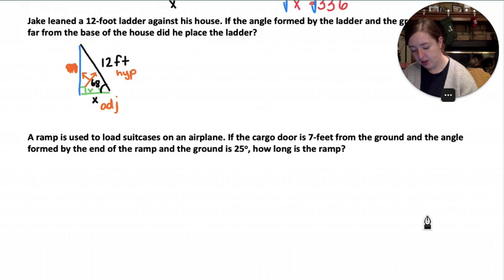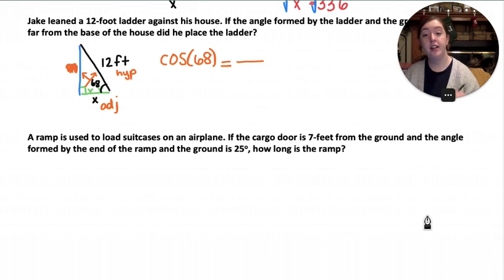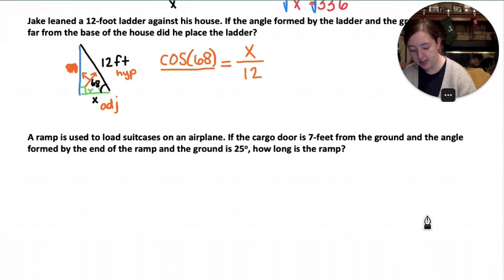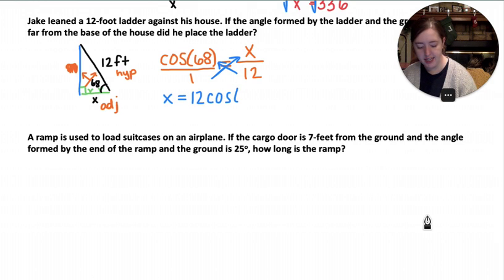So we have cosine of our angle, 68, equals adjacent over hypotenuse, or x over 12. Since x is in the fraction, I'm going to put cosine over 1 and then cross multiply. 1 times x is x equals 12 times the cosine of 68.